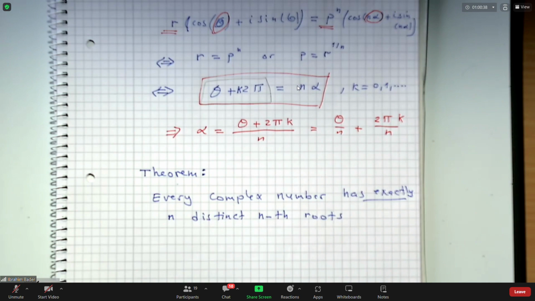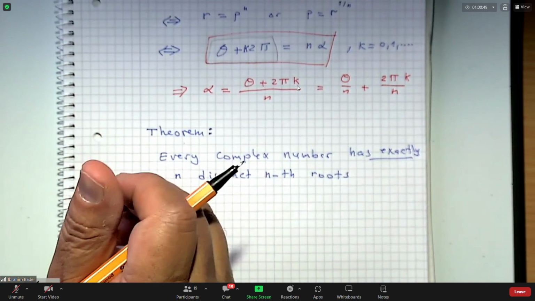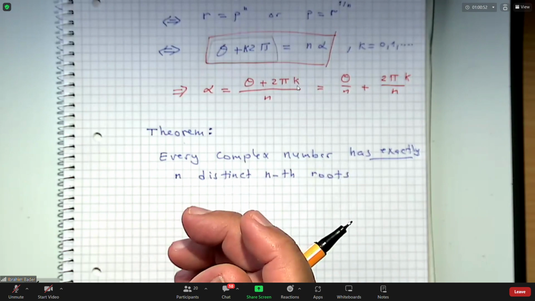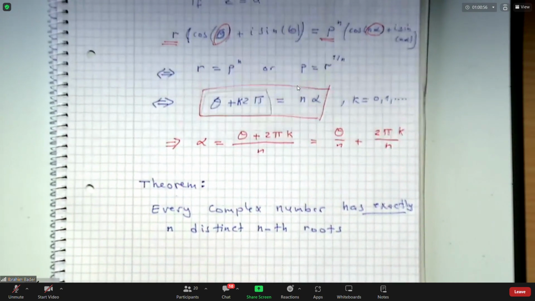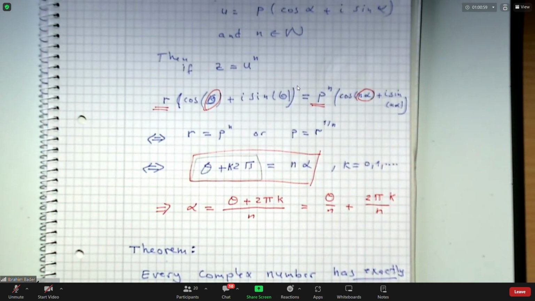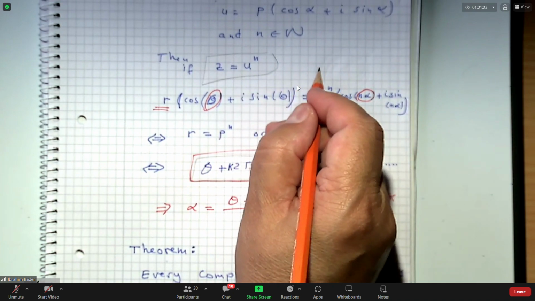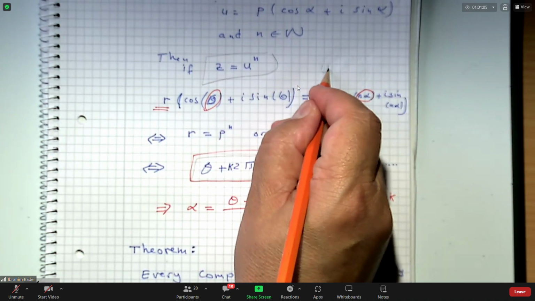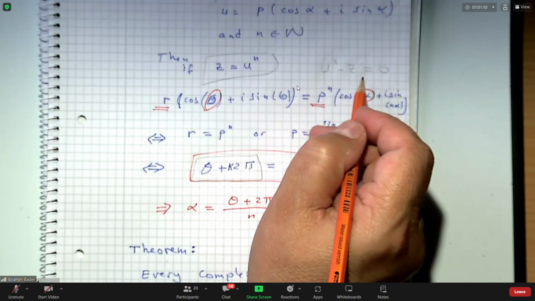Okay, so this is a version of the fundamental theorem of algebra, because if you want to solve for the roots, you are just evaluating how many values will make this number 0. If you just rewrite it, then you have u to the power n minus z equal to 0.